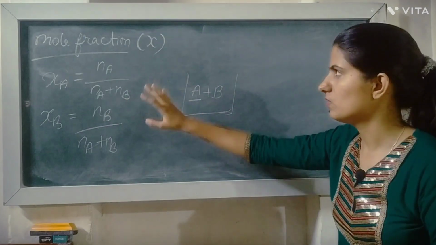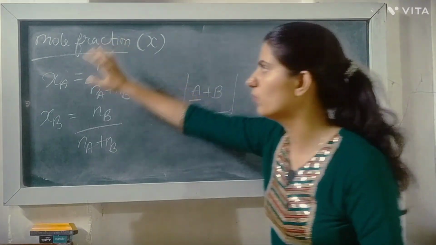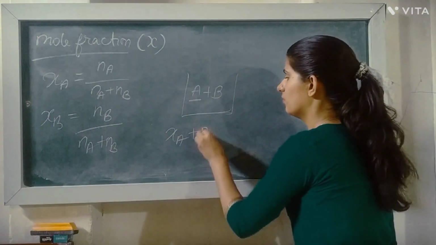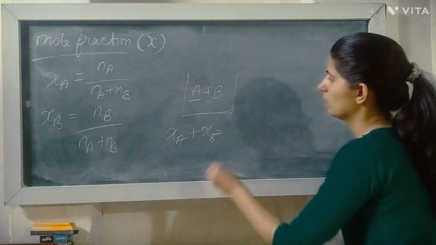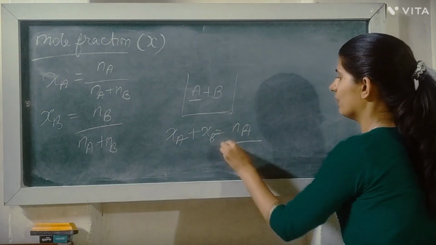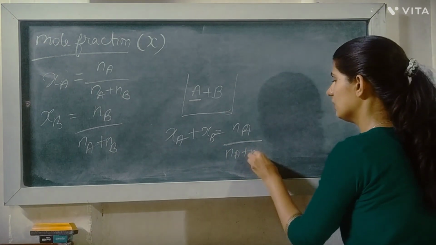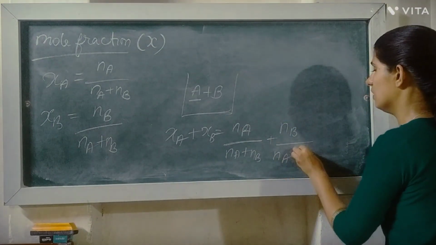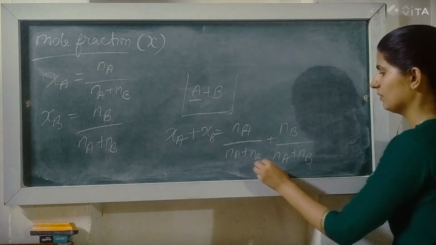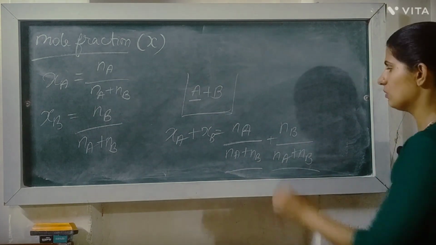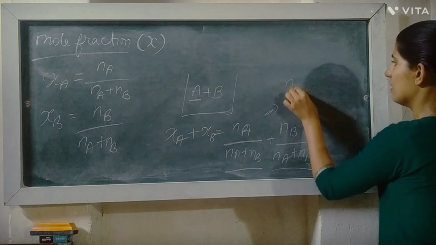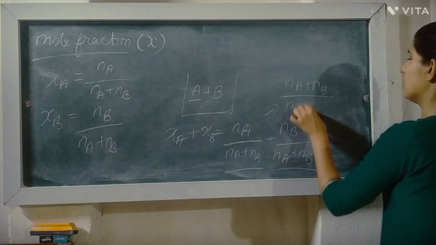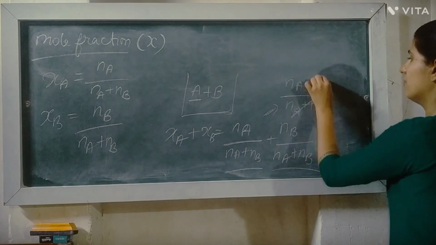If I add both the component mole fractions, what happens? Obviously Na divided by Na plus Nb plus Nb divided by Na plus Nb. Both have the same denominator, so we can write it as Na plus Nb divided by Na plus Nb. If I cancel this, I will get the value 1.